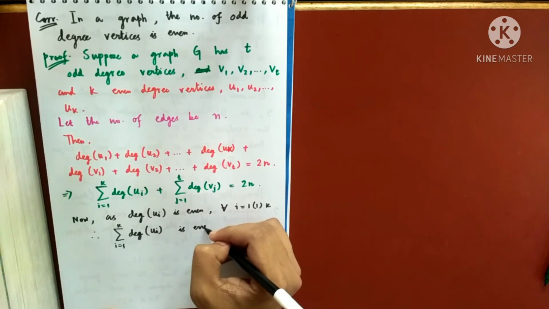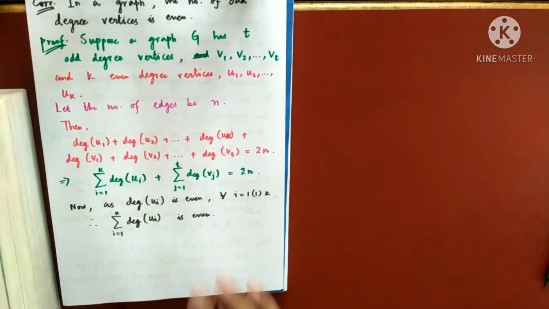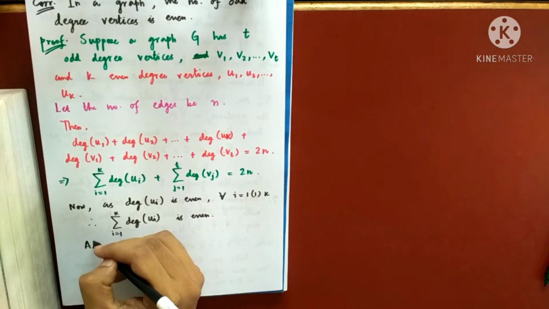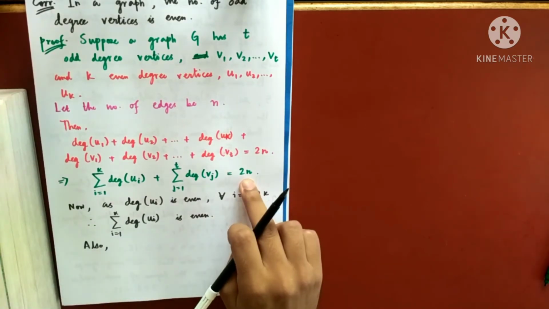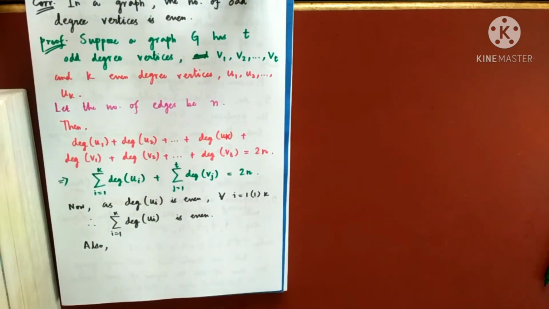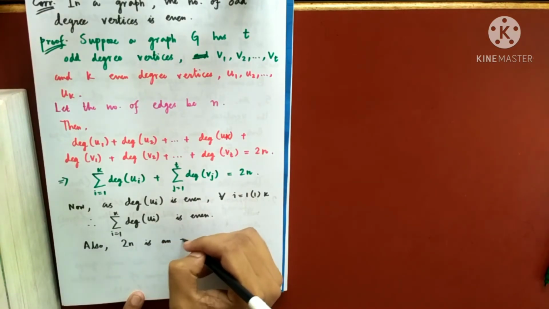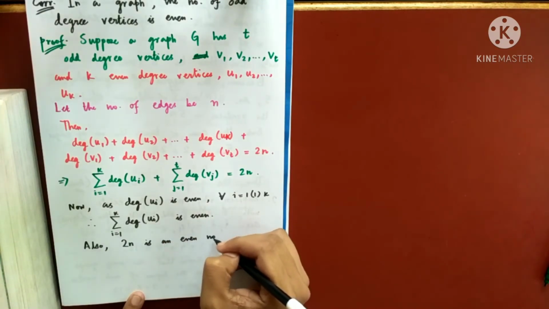Yes or no? Did you get my point? Please stop me if you are not getting something. Also, this 2n is an even number, right?